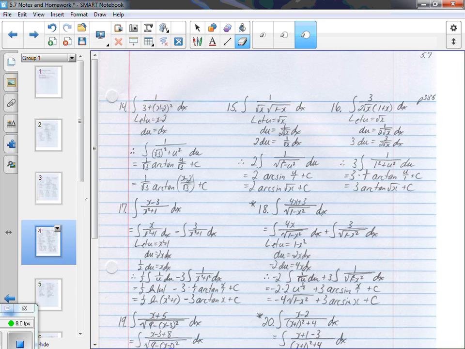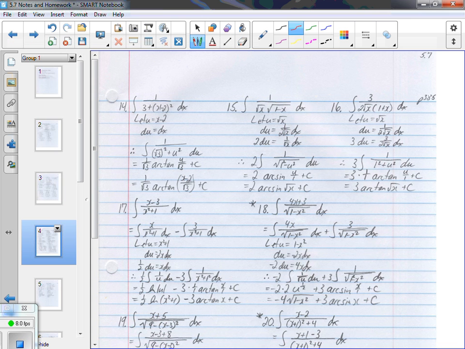All right, still finding the integral. All right, on 15, looks like it could possibly be an arc sine or maybe an arc secant, okay? It may take you a little while to figure out what the u needs to be.